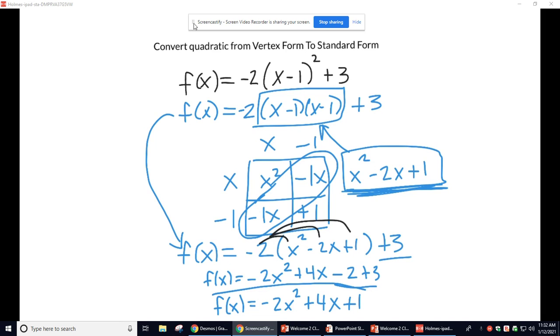And this is our function in standard form. We start with vertex with parentheses, and we finish with no parentheses at all. Okay, there's a lot of reasons why we want to be able to get comfortable with both of these situations. Okay, we have vertex form, we have standard form, and this is the reason.